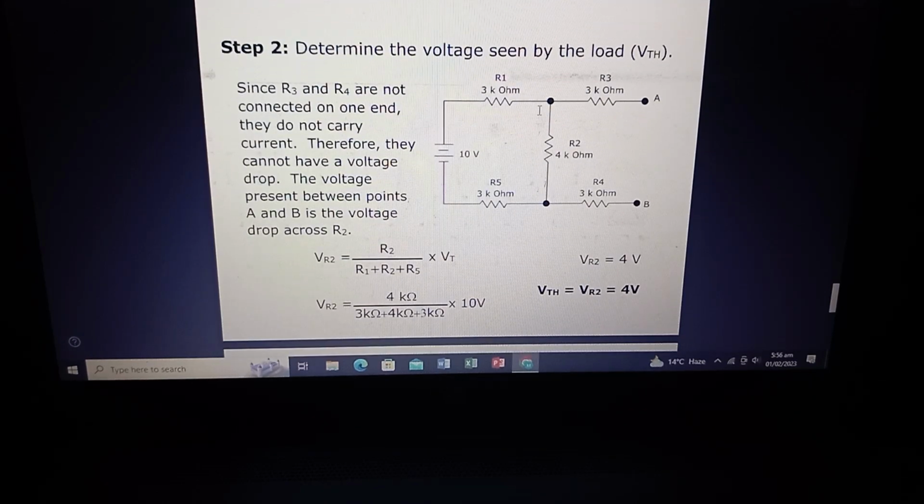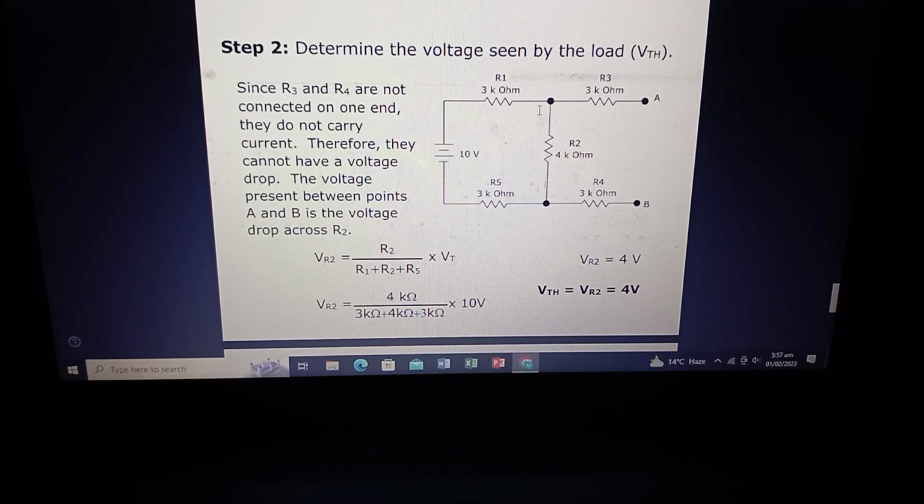Step 2, determine the voltage seen by the load. Since R3 and R4 are not connected on one end, they do not carry current. Therefore, they cannot have a voltage drop. The voltage present between points P and A is the voltage drop across R2.